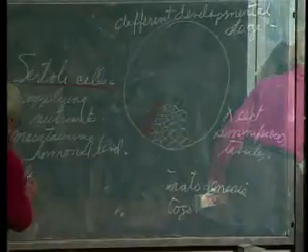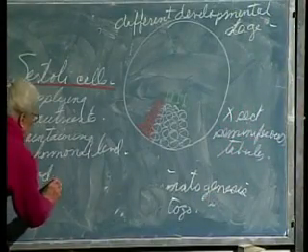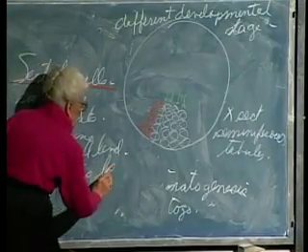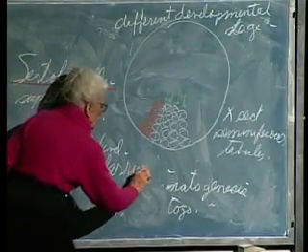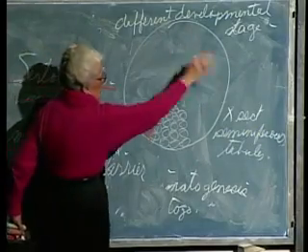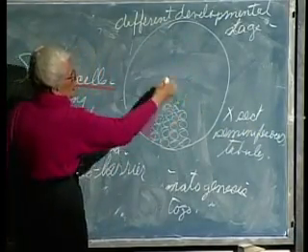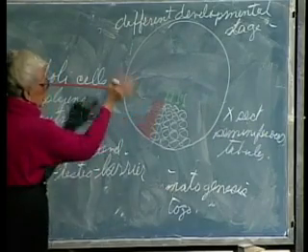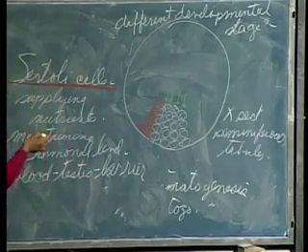They form what's called the blood-testis barrier. We've had a blood-brain barrier, now we have a blood-testis barrier, because the internal milieu for the seminiferous tubule is different from the surrounding tissue.